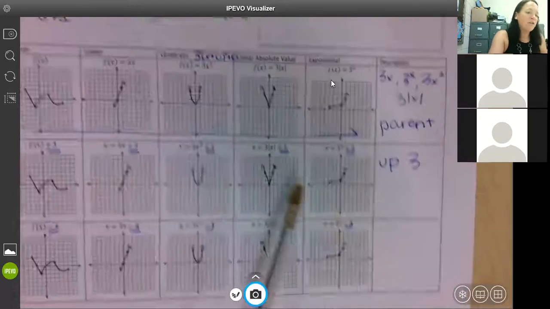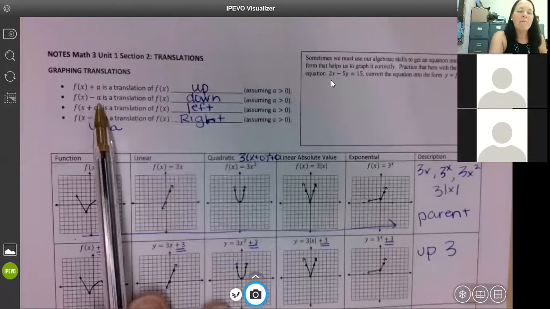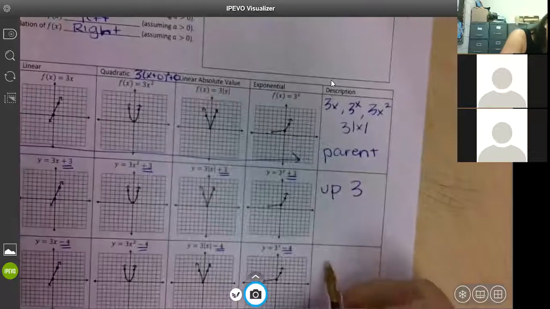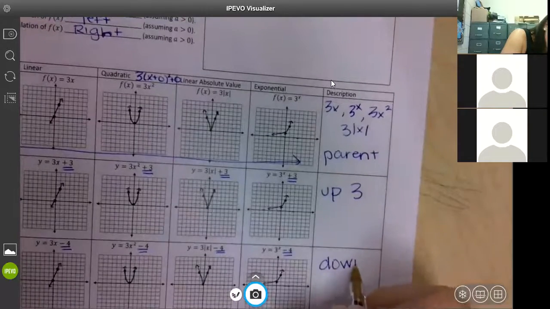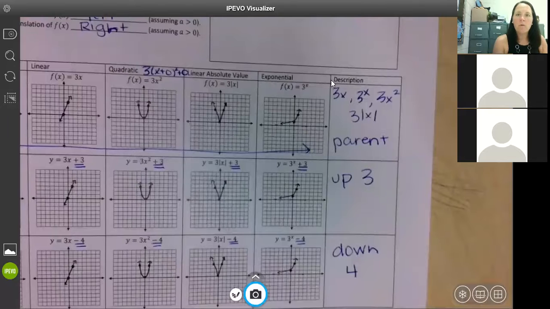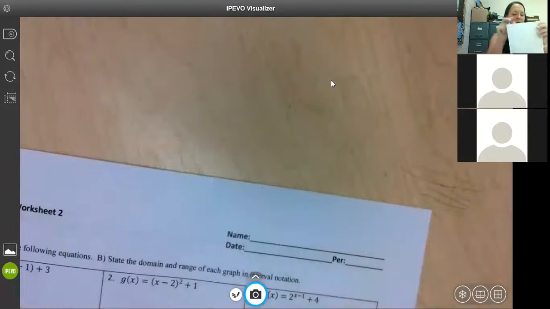So go back up to your cheat sheet at the top. If we minus to the end, that means we're moving it down. And how much were we moving it down? All of them were subtract 4. Okay. That's it for the first page. Like I told you, it's going to go pretty quick. That's why I felt bad having to switch over to the Zoom. We could have got it all in there, but we didn't.